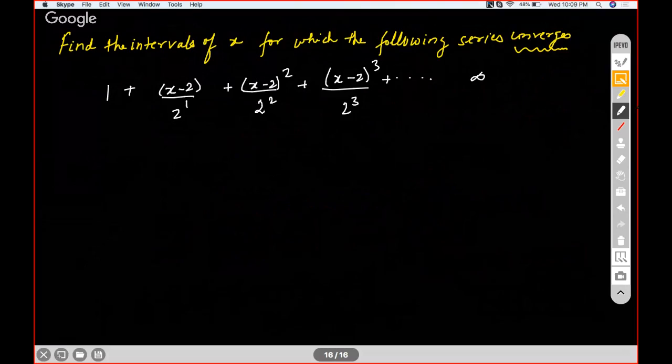No. So minus 4 to 4? That is also not correct.